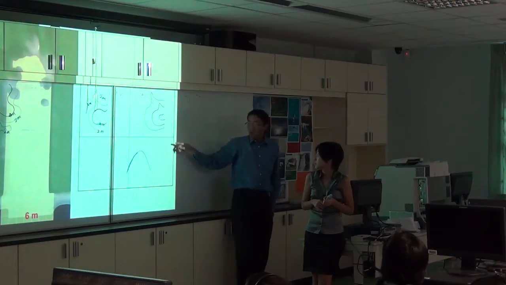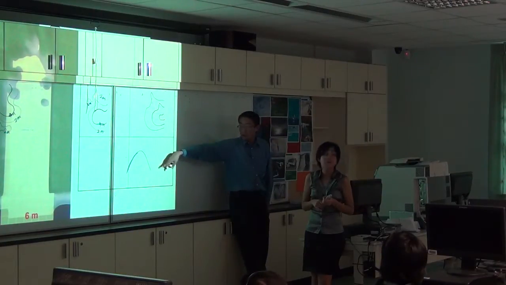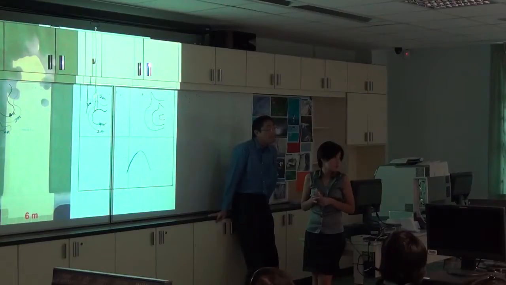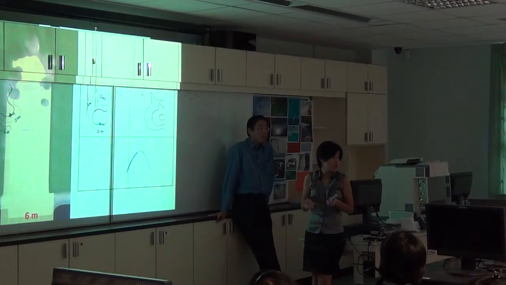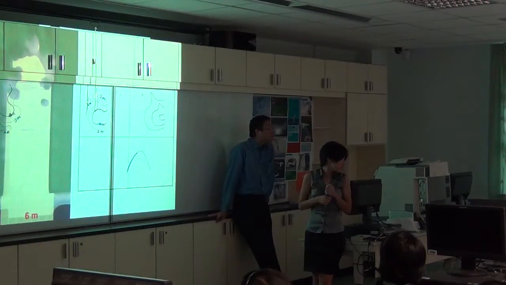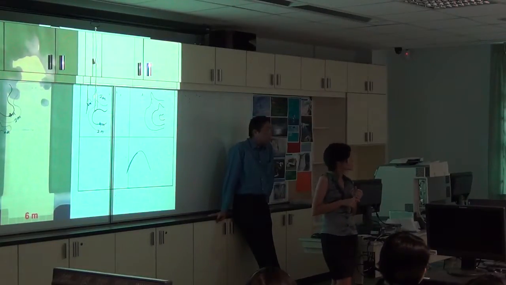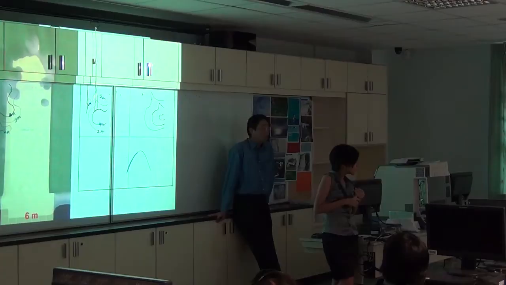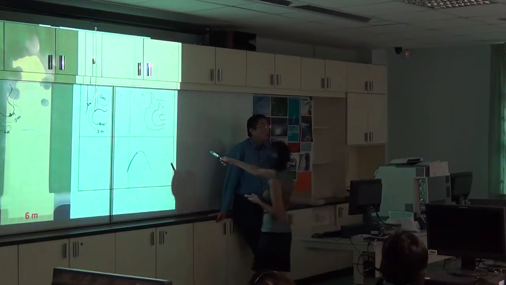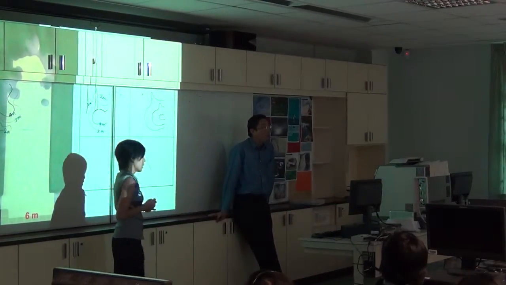So if the spacing is even, what can we say about the shape of the slope? Remember what you learned in Sec 1 and Sec 2 about the spacing of the contour lines? Yes, Jerry? For which one? This one? Okay, why?